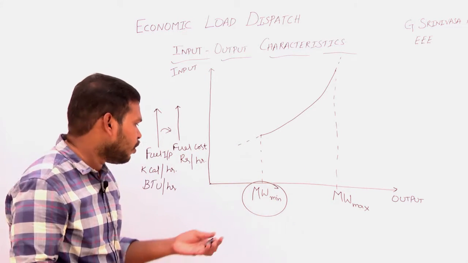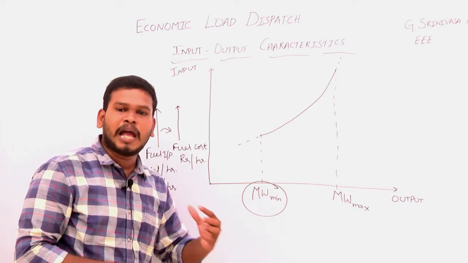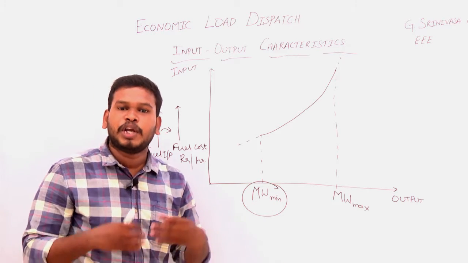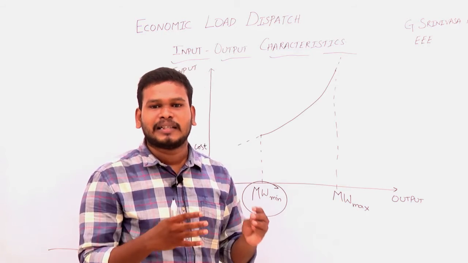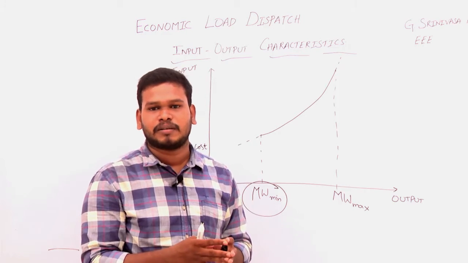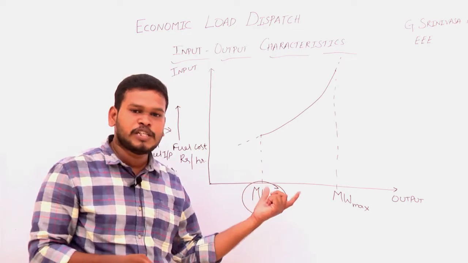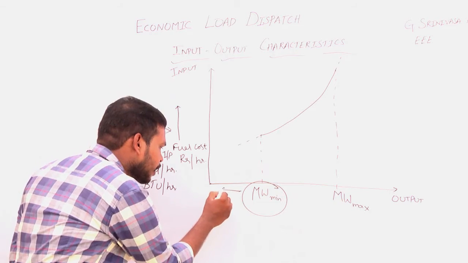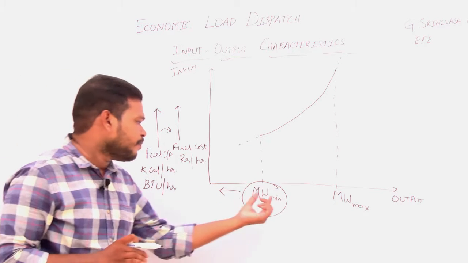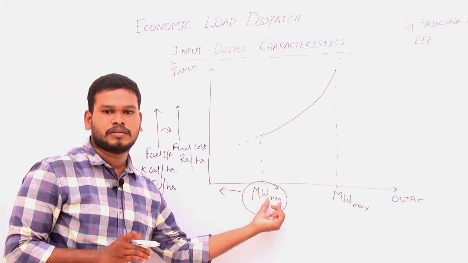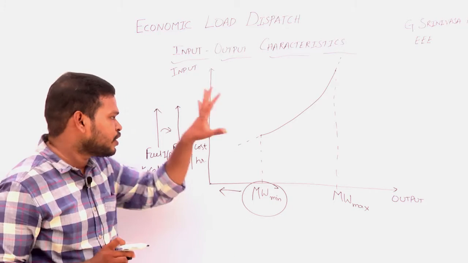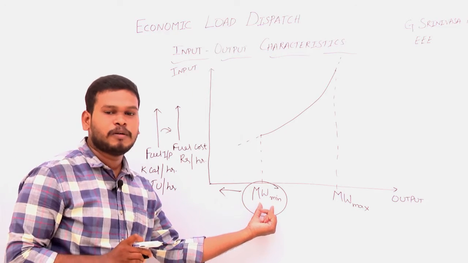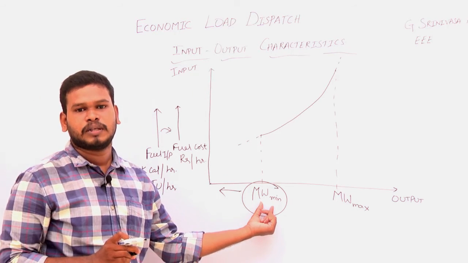There is some minimum amount of power that you need to generate when an alternator is connected in a thermal power station. It is not feasible to generate power below the megawatt minimum limit. If the unit is turned on, it should generate a minimum amount of power.